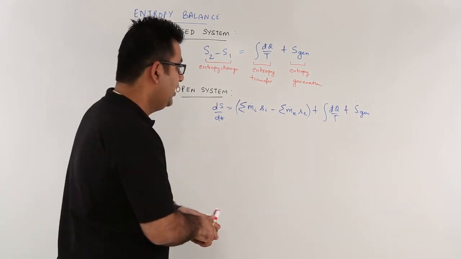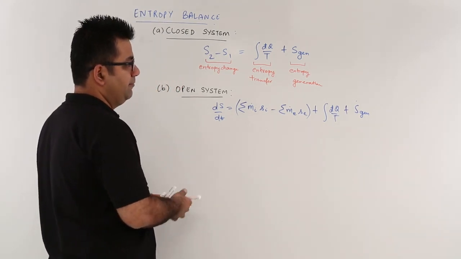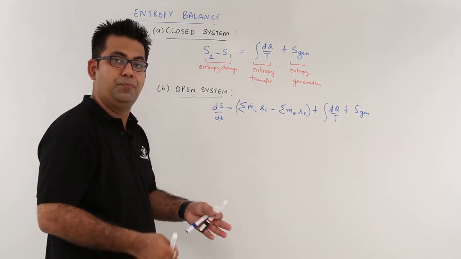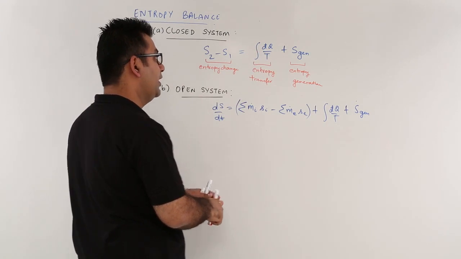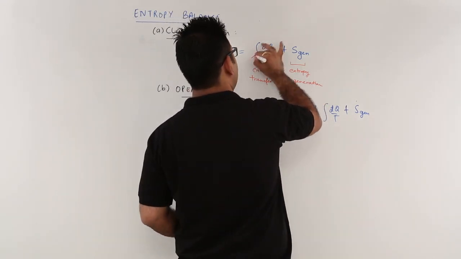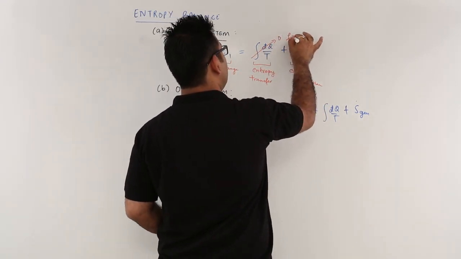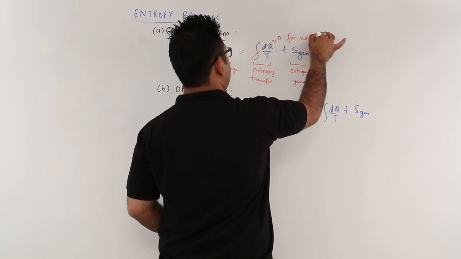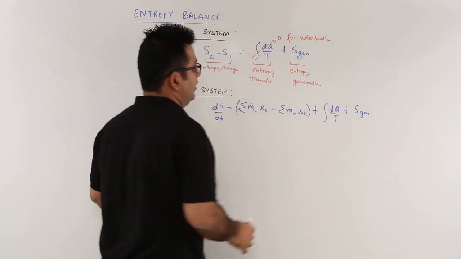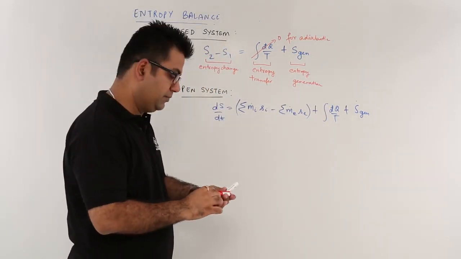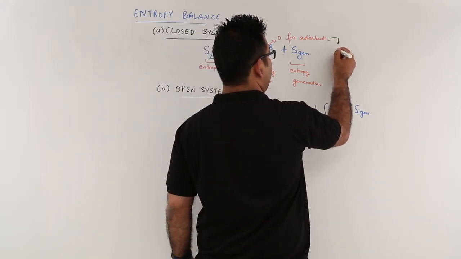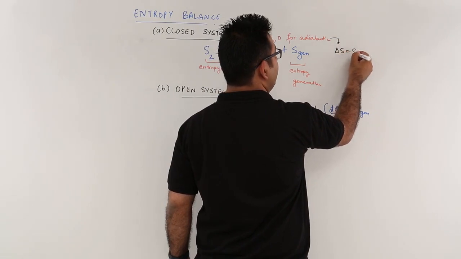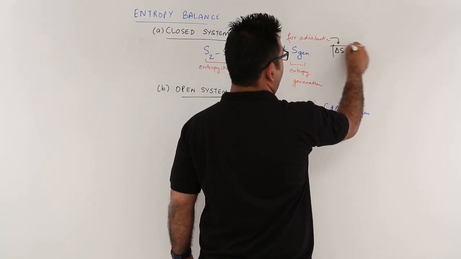Now if your process is adiabatic, then the heat transfer term would become 0 for an adiabatic process. And then we can say that for adiabatic, delta S is equal to the entropy which is generated.